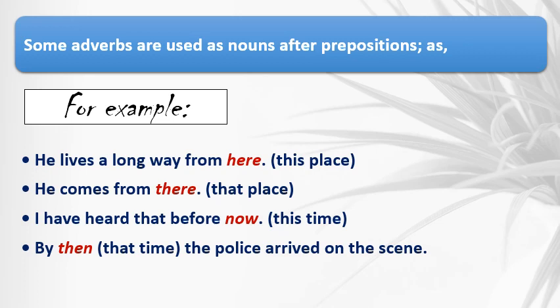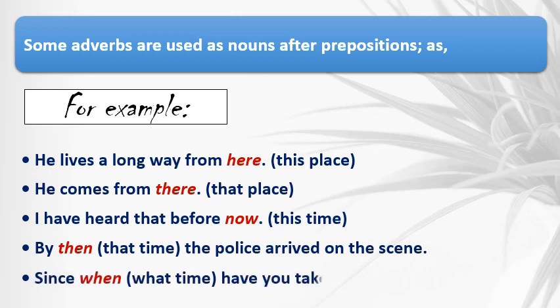So here we are talking about an adverb of time, and the preposition is by. Since when means what time have you taken to smoking. So here also we are talking about an adverb of time. So as we can see, when the adverbs are used just after the prepositions, they work as a noun in the sentence, but they remain an adverb.